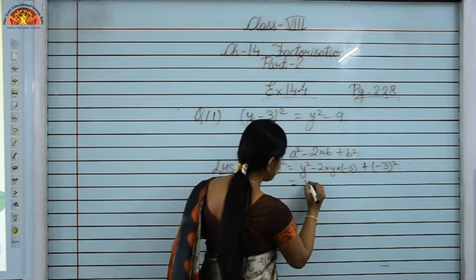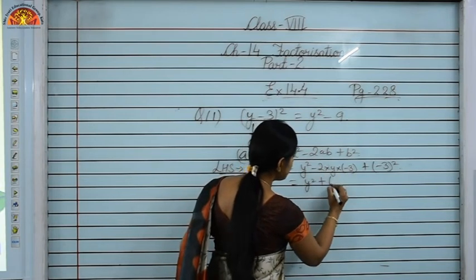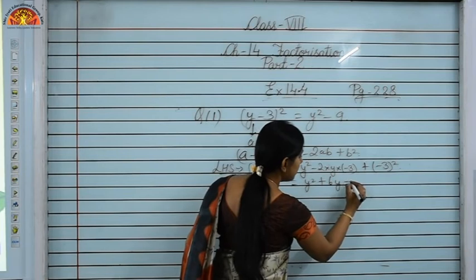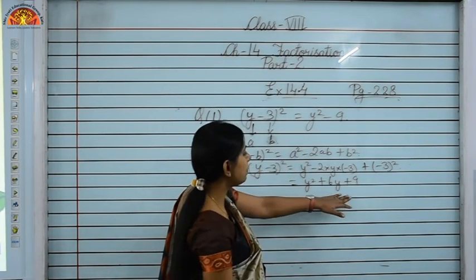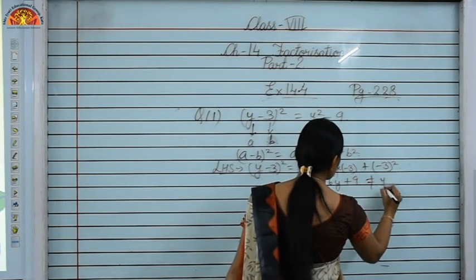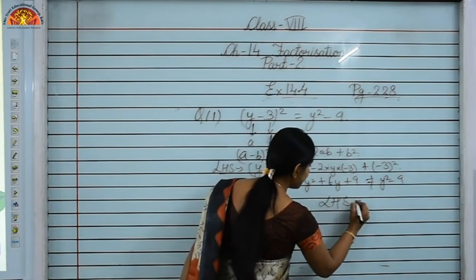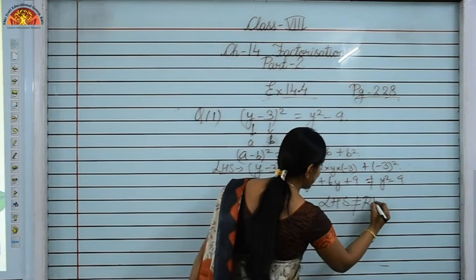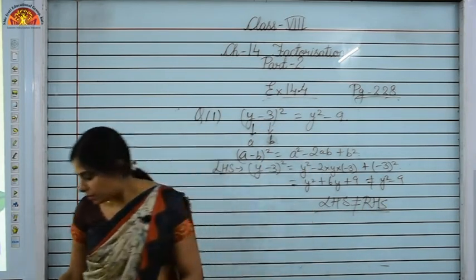So it will be y square, minus into minus will become plus, 3 2s are 6, so 6y plus 9, that is y square plus 6y plus 9, which is not equal to y square minus 9. So again children, left hand side is not equal to right hand side, means again it is an error.